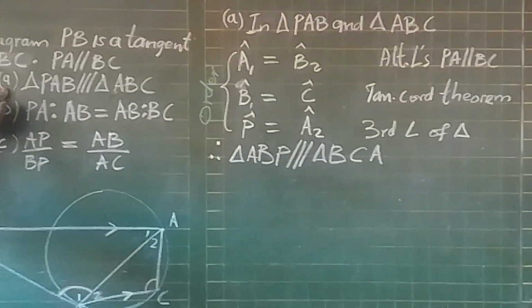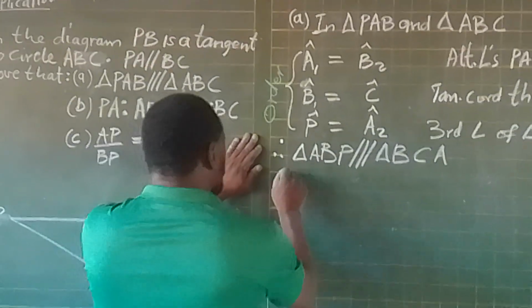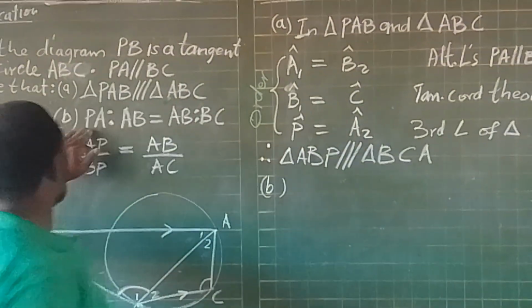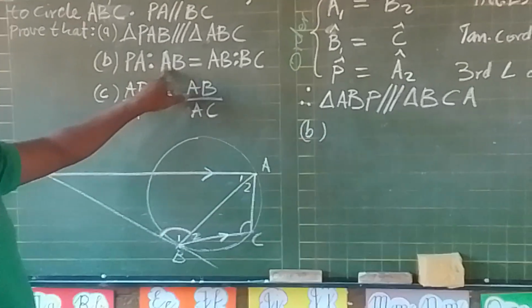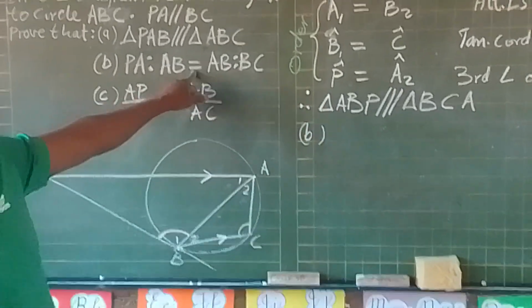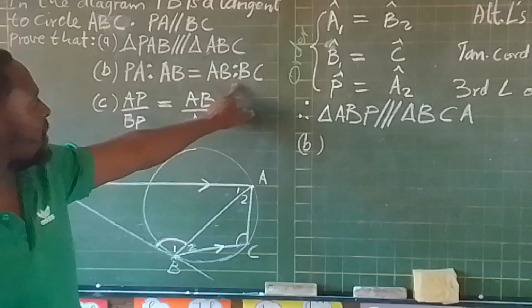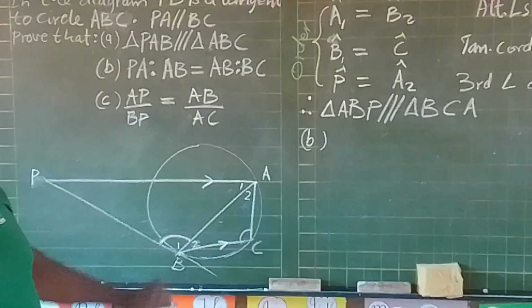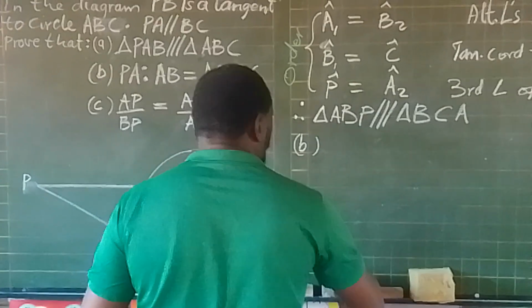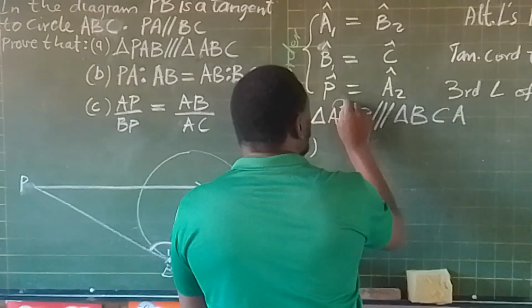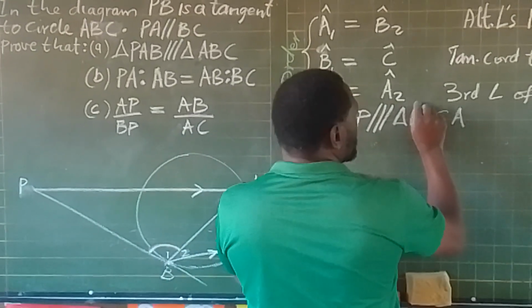We have proven A. We come to B. B wants you to say PA divided by AB is equal to AB divided by BC. Now you take this. AB goes with BC.